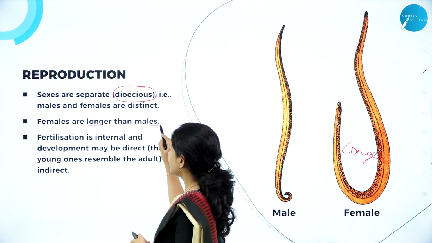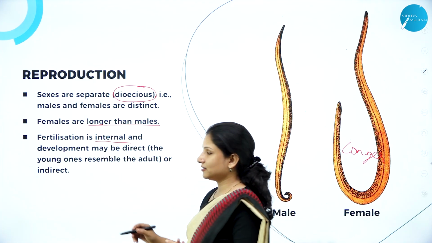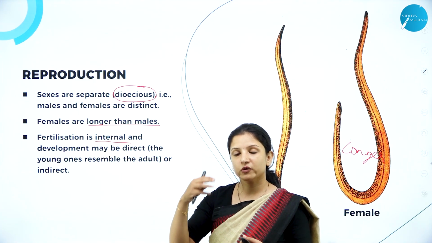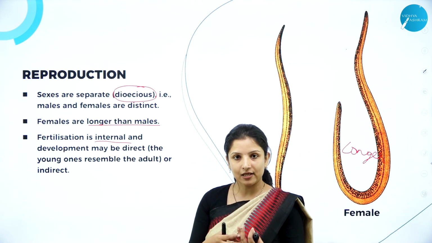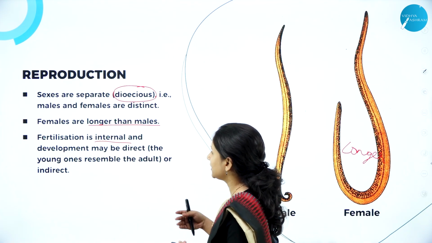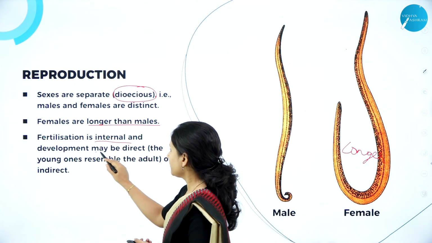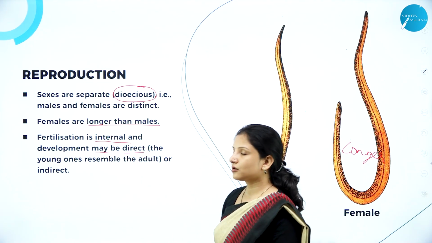So females are longer than the males, and talking about the fertilization, it is internal. That is, the male sperm will meet with the female egg and the fertilization will take place inside the body of the female itself. So therefore it is internal, and the development may be direct. That is, the young ones resemble the adult.